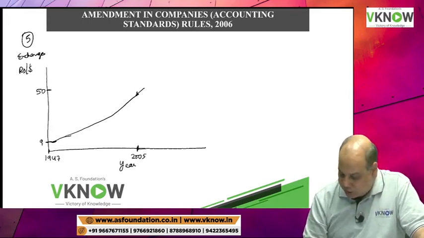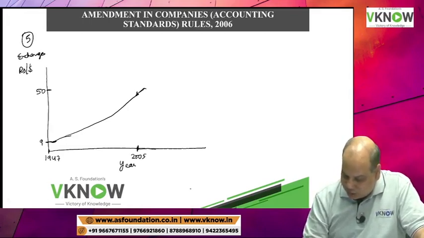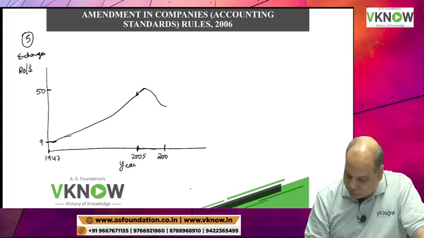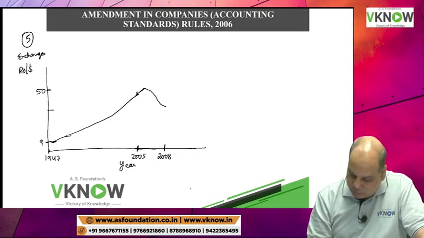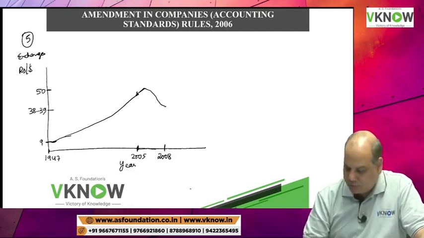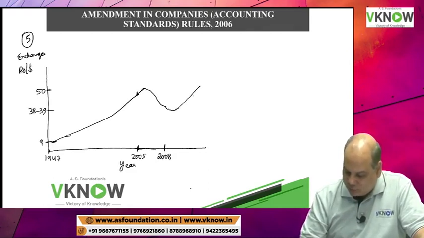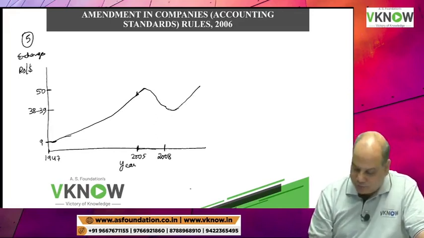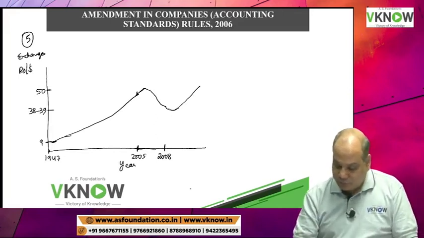After that, the exchange rate started declining for some time, and somewhere around 2008 it was 38 or 39 rupees. And then again it started going up, and still it is going up. Now see the story.